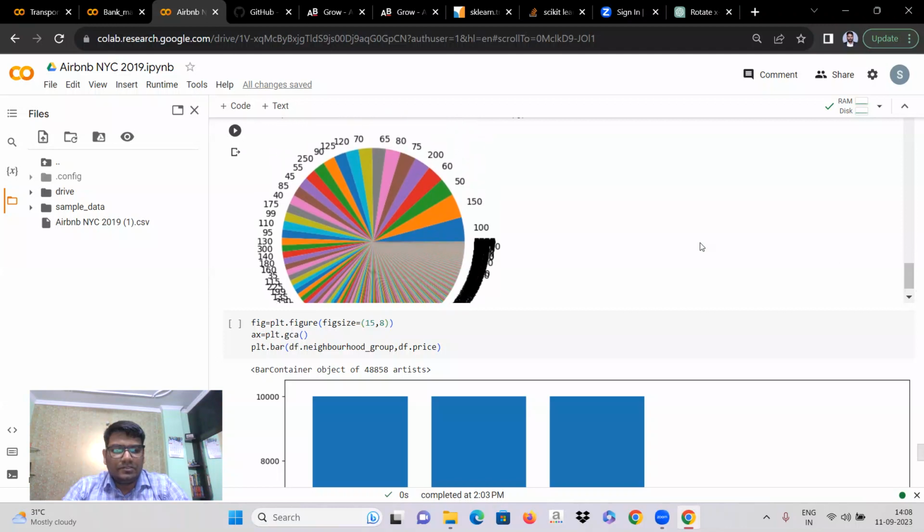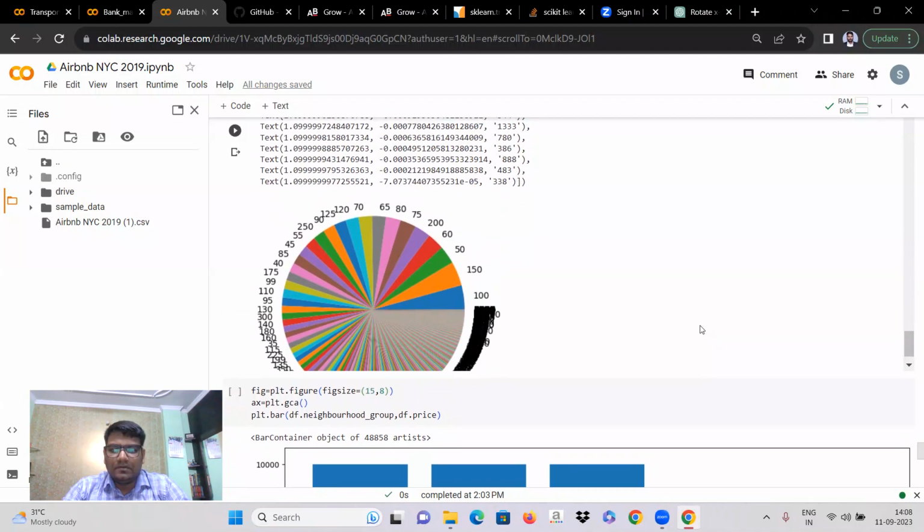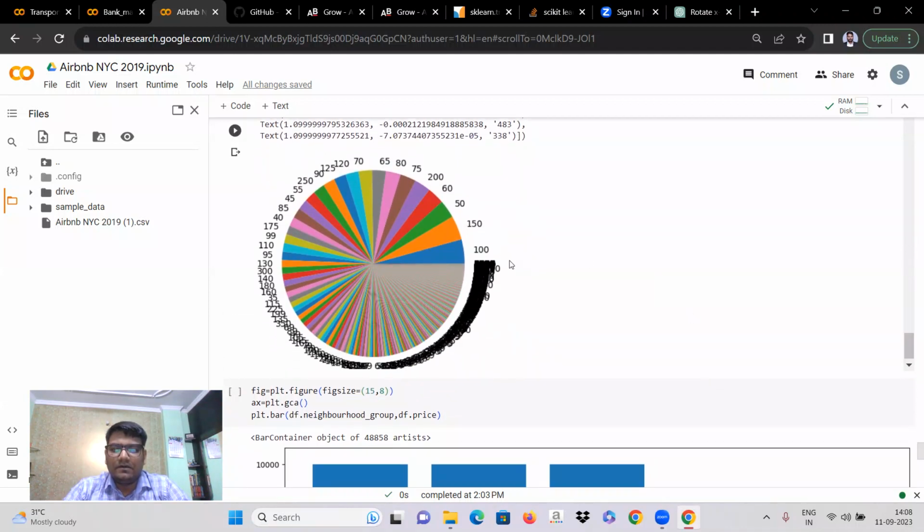The customers preferred to pay 100, 150, 50, 60, and 200. These are the amounts where customers have paid the most for their stay.